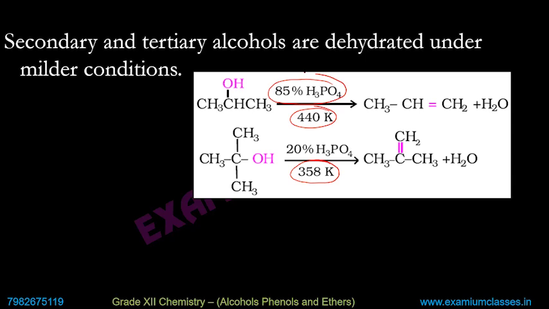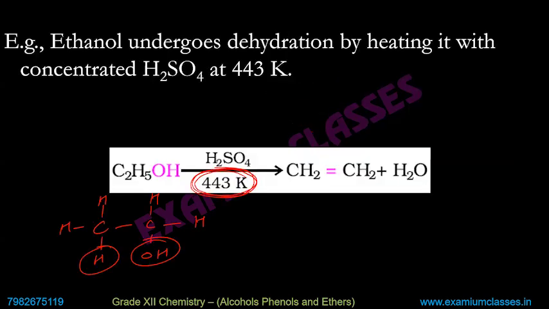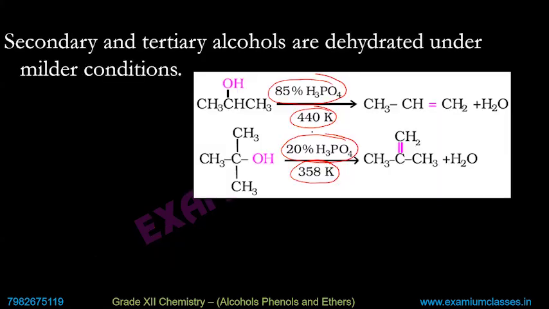Even H3PO4 will do, 85% here, even 20% H3PO4. In this case, H2SO4 is required. Here, milder conditions, you will get alkenes. Mechanism is the same. OH goes from one carbon, the C-O bond is broken, and hydrogen goes from the adjacent carbon.